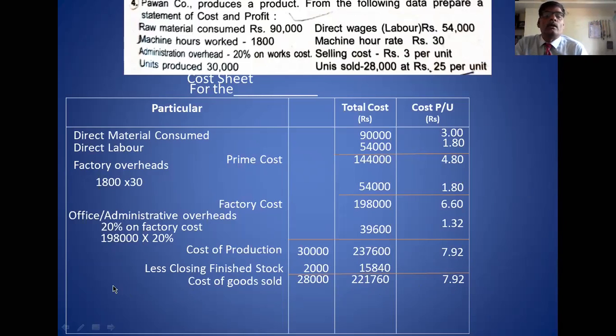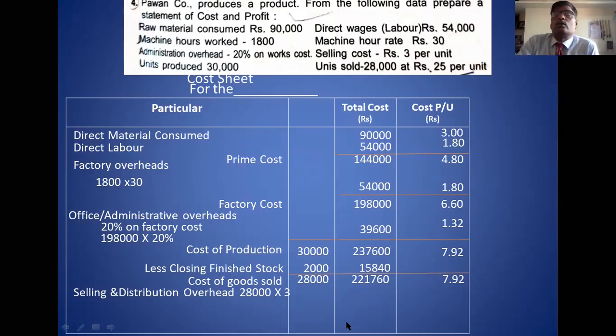The next stage is selling and distribution overhead. Selling and distribution overhead is rupees 3 per unit. This 3 per unit is for units sold, not for produced. So 28,000 into 3. This is 84,000. 84,000 is the total cost. Divide by 28,000, again it is 3.